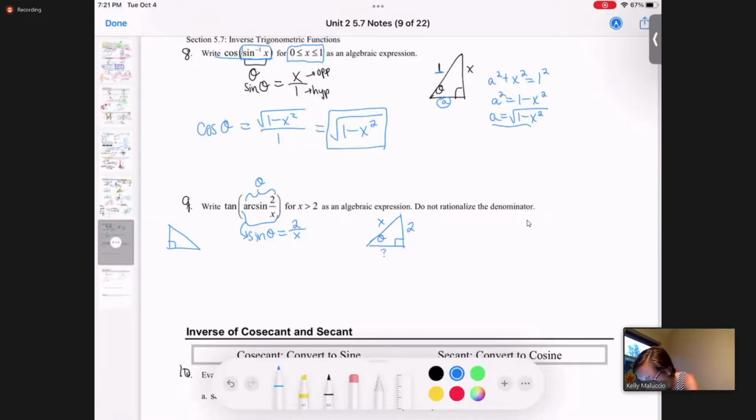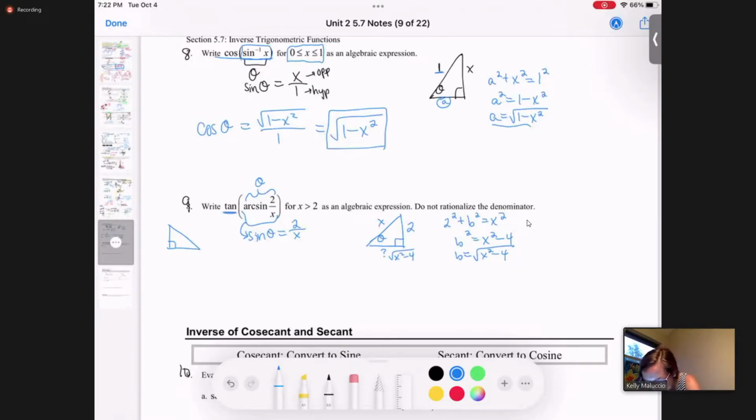Then this question mark side is going to be 2 squared plus, now I'm calling it b squared, equals x squared. And so I get b squared is x squared minus 4. Then I take the square root, so this side is the square root of x squared minus 4.